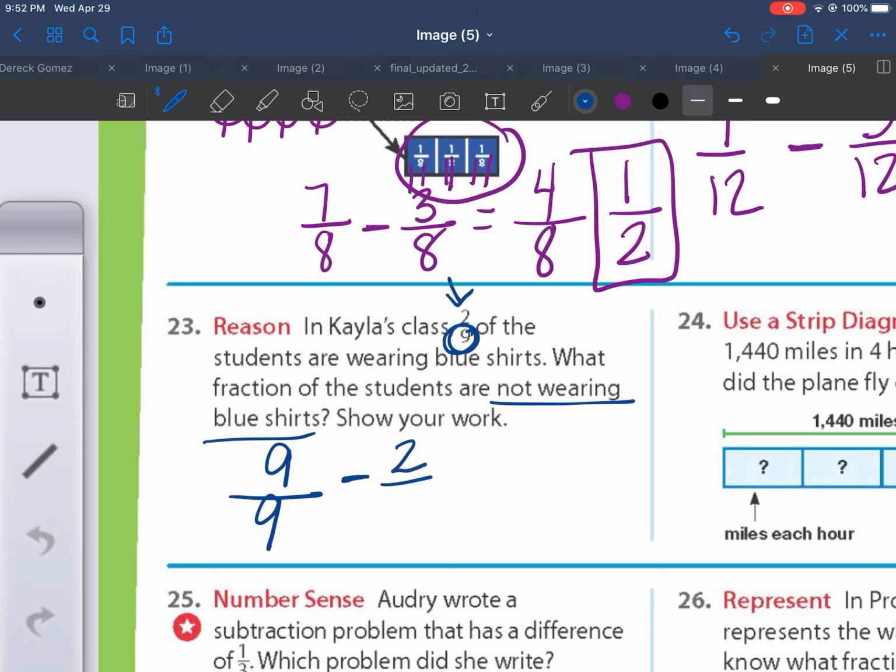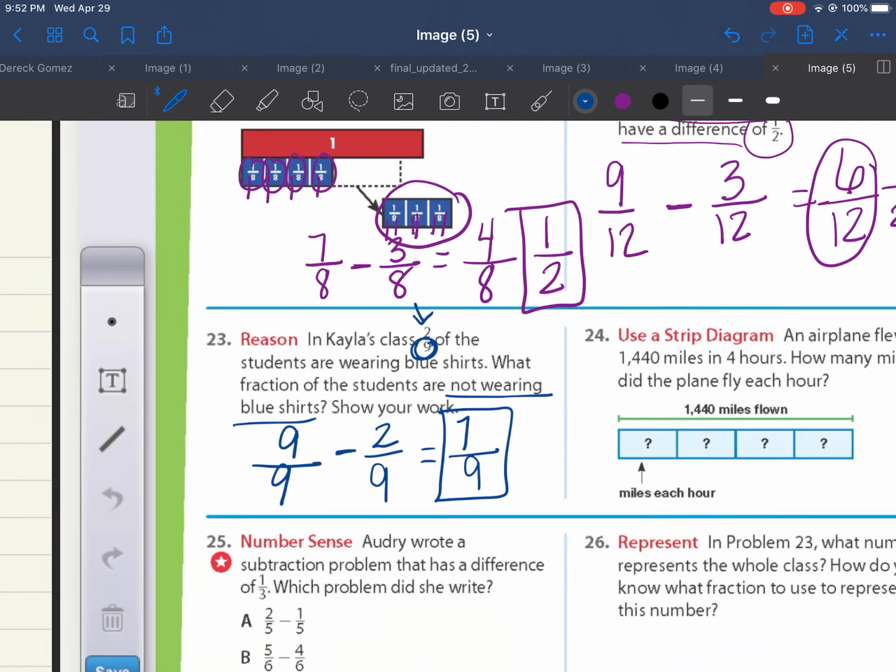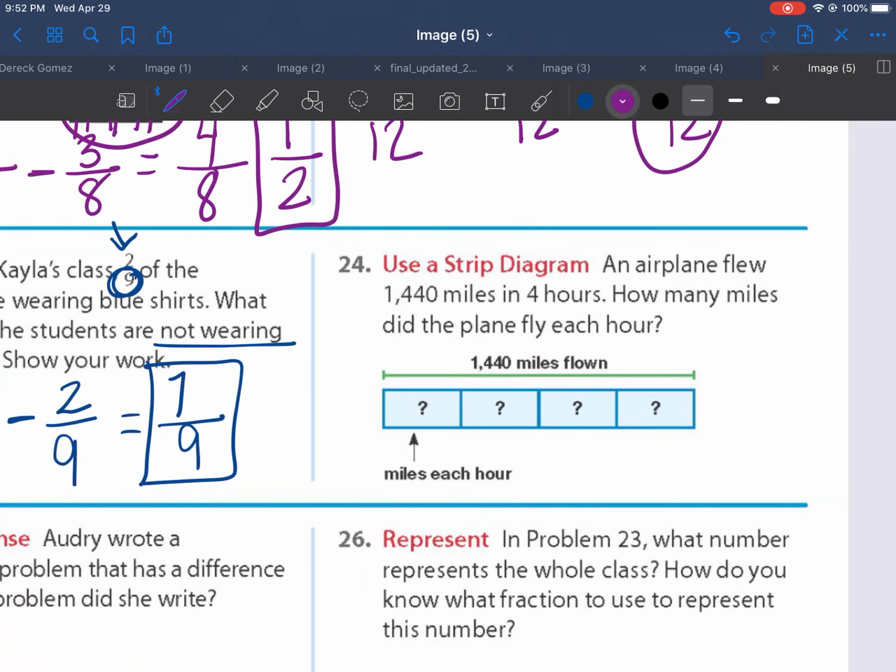There is 9 students in all. So that means the whole thing is 9 over 9. I'm going to subtract the 2 9ths who are wearing the blue. How many are not? The denominator will remain the same. 9 minus 2 will be 7. So how many are not? 7 are not wearing blue.